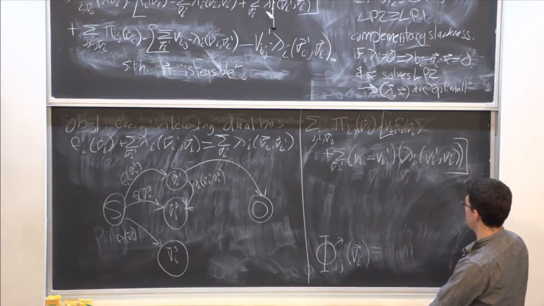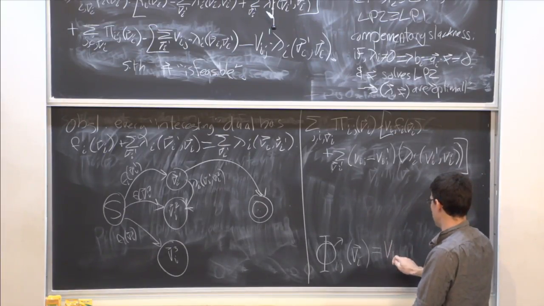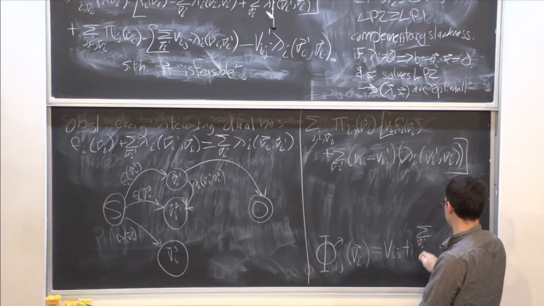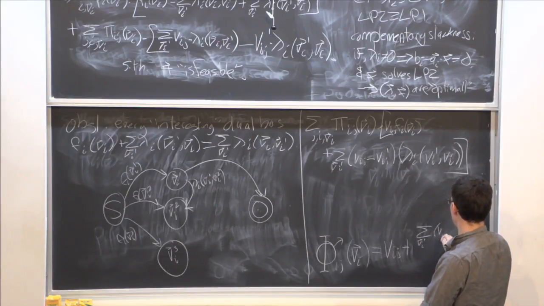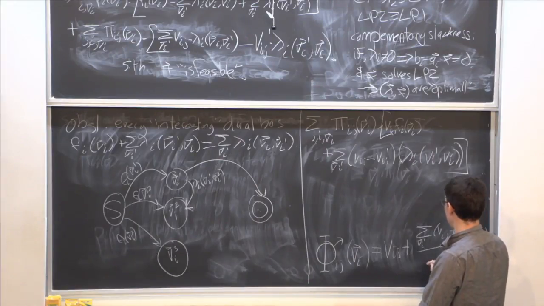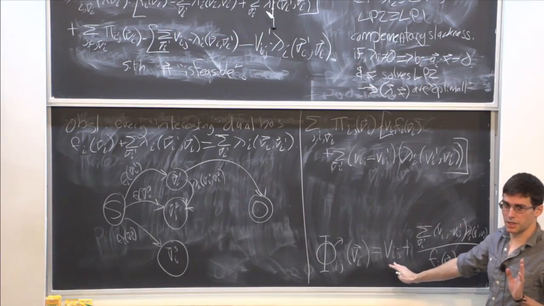I want this to be equal to vij plus the sum over all vi prime, vij minus vij prime, lambda i vi prime vi all over fi of vi. Okay, so all this is a notation.